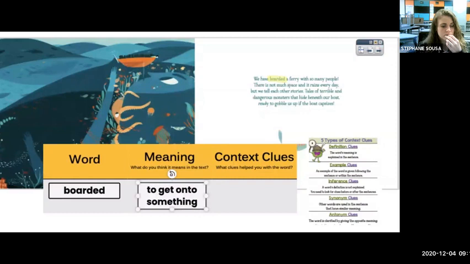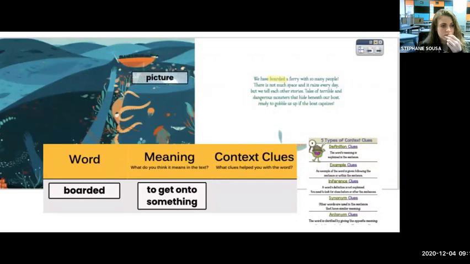And what clues helped you with the word? Well, I used the picture, and I also used the words here about how there is not much space and monsters hide beneath our boat. I'm going to do two different text boxes.